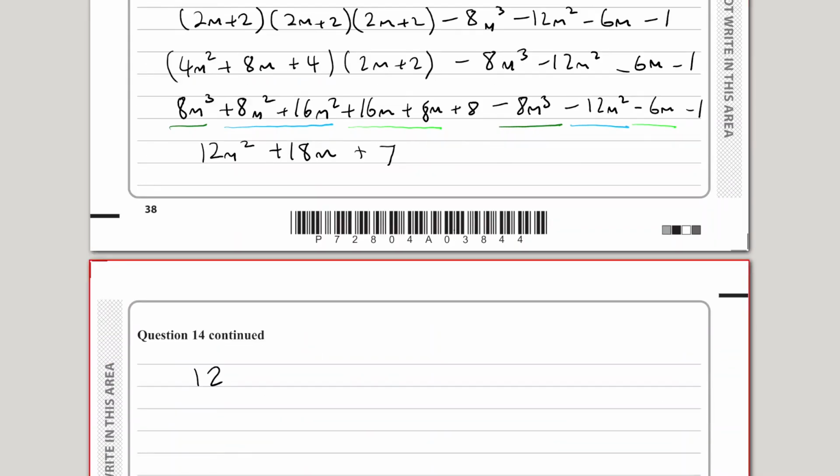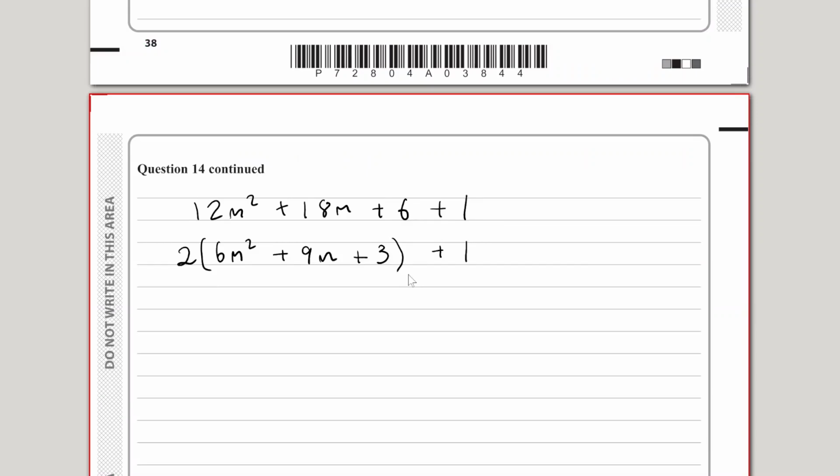And I can even rewrite it as 12m² + 18m + 6 + 1, and show I've got an even number at the front. It's in the 2 times table, so it's even, and an even plus 1 is odd.